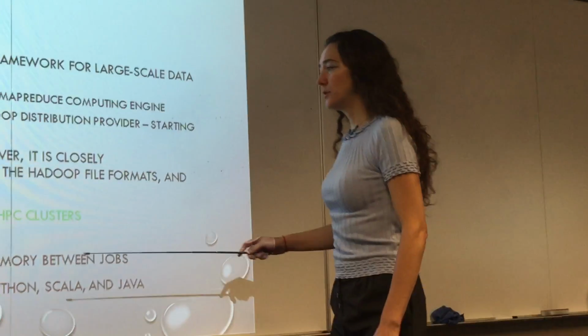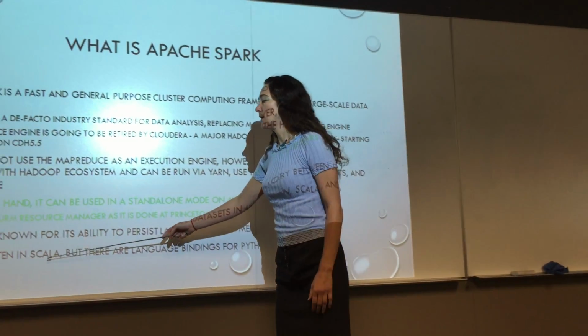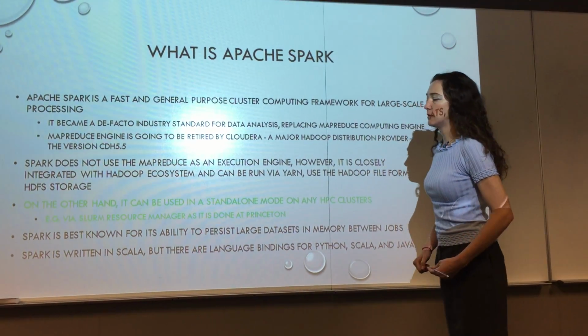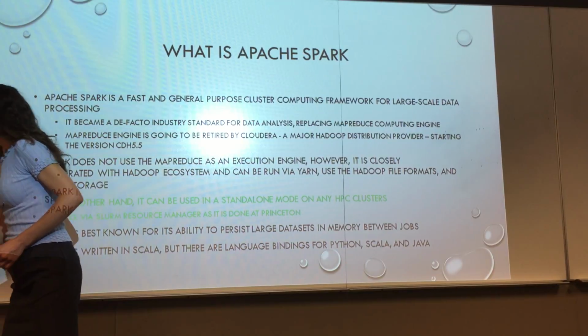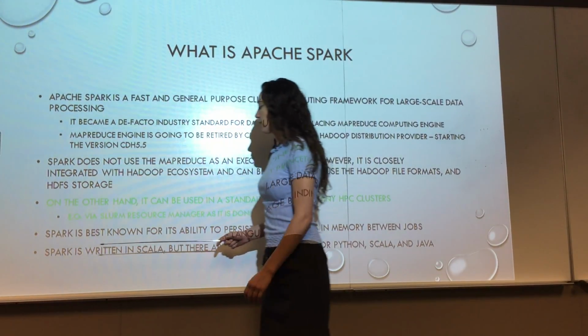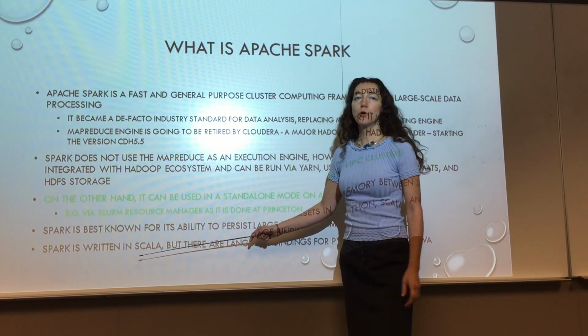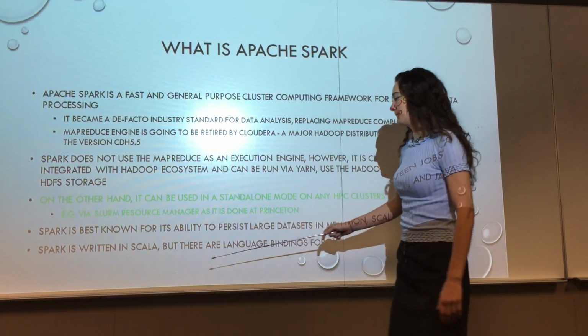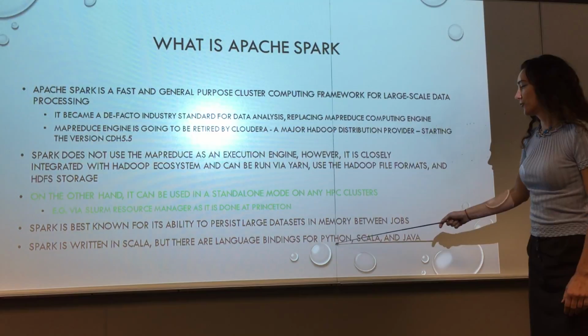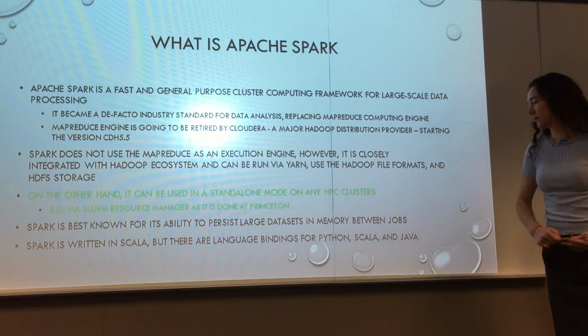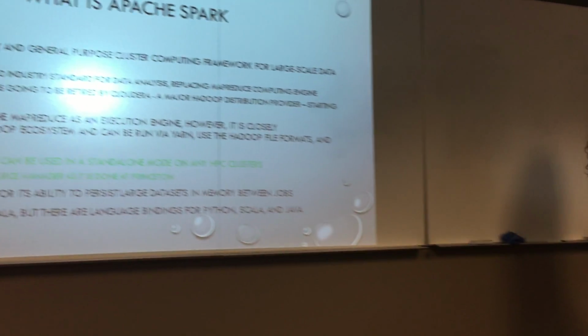And it is written in Scala, as we mentioned. Scala is based on Java, and it's a language for scalability. So it allows for much more concise syntax than Java. And so it does have support for Java and Python and R and other languages.